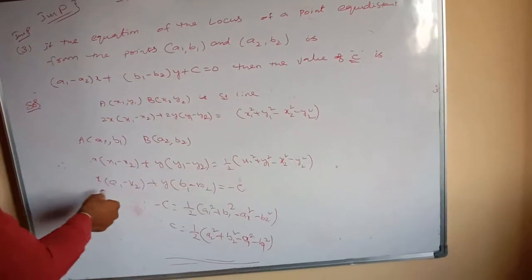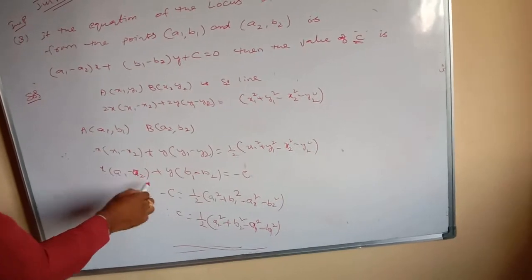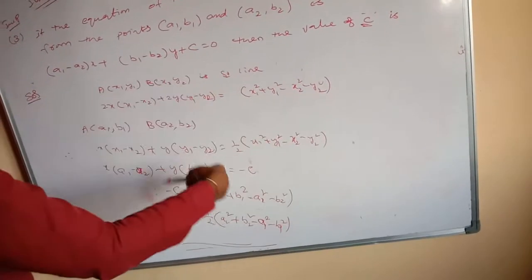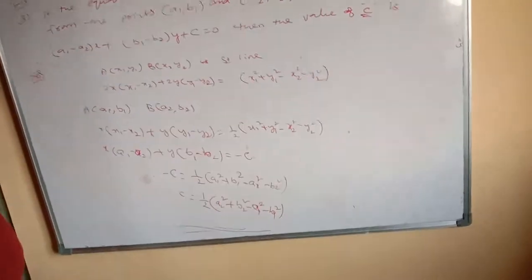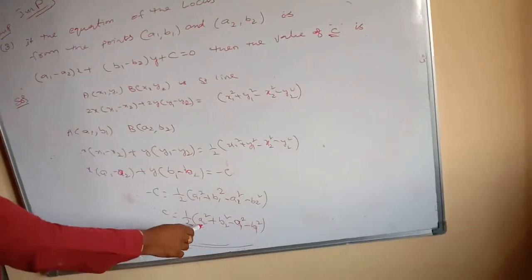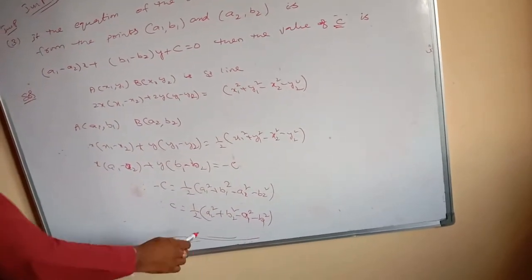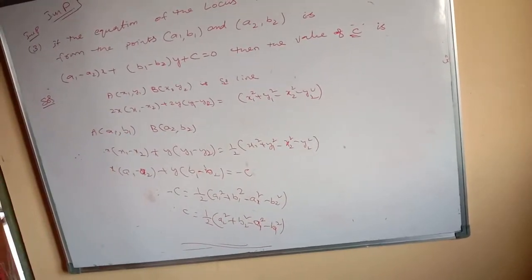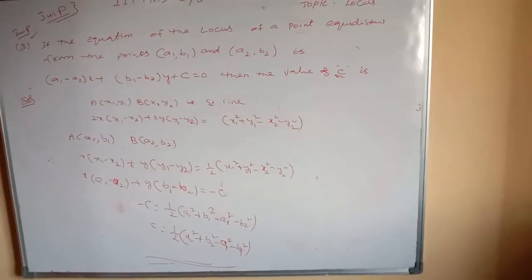Applying the property, x into (a1 minus a2) plus y into (b1 minus b2) plus c, and on the other side it is minus c. Now c is equal to half into (a2 square plus b2 square minus a1 square minus b1 square). This is the final answer, the most important bit.